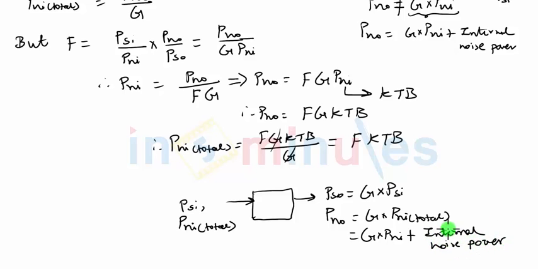So the internal noise power of the amplifier is already considered in the form of PNI total, and hence I can say this amplifier becomes noiseless. That means it will not add any noise anymore. It is just that we are calling it noiseless because its noise part is considered in PNI total.